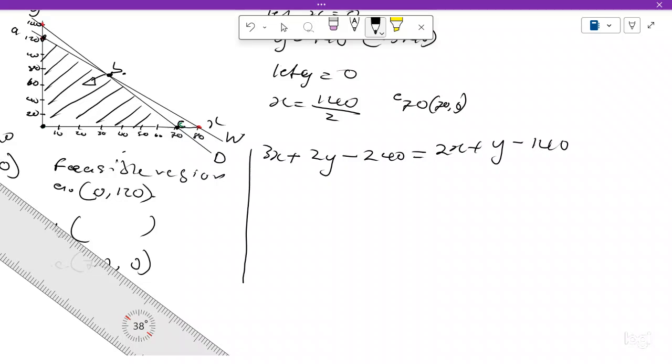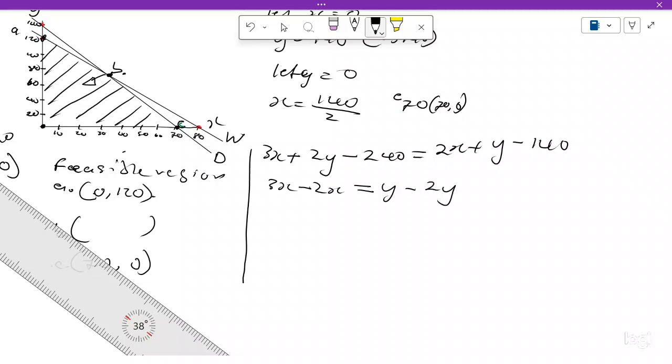Then we'll start by solving for x. In order to achieve that, we bring all the x's on one side and all the y's on the other side. So it's going to be 3x minus 2x equals to y minus 2y.